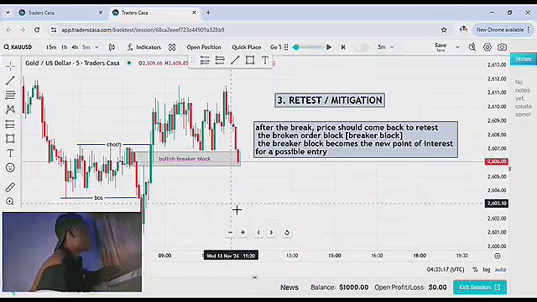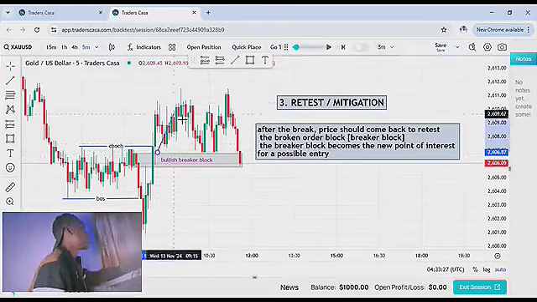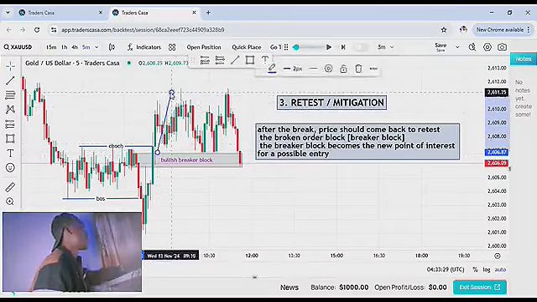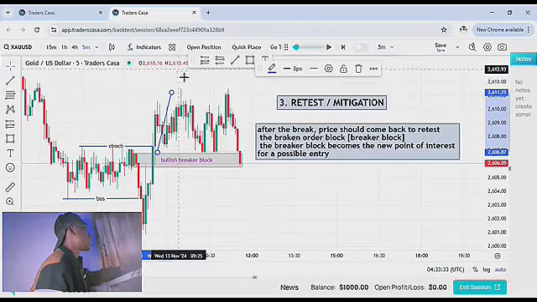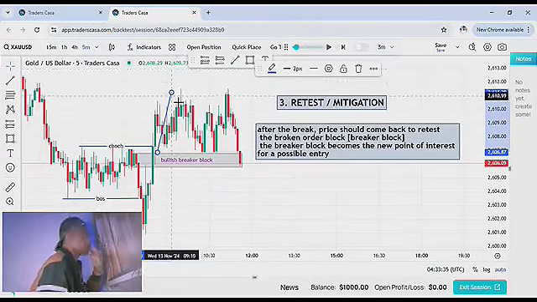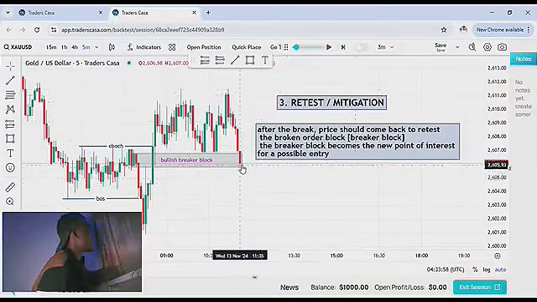If price keeps going higher without coming back to the zone, then you leave the trade, you just forget about the trade. But if price comes back to the new point of entry, which is this breaker block, you should respect it and keep going up higher. You understand?